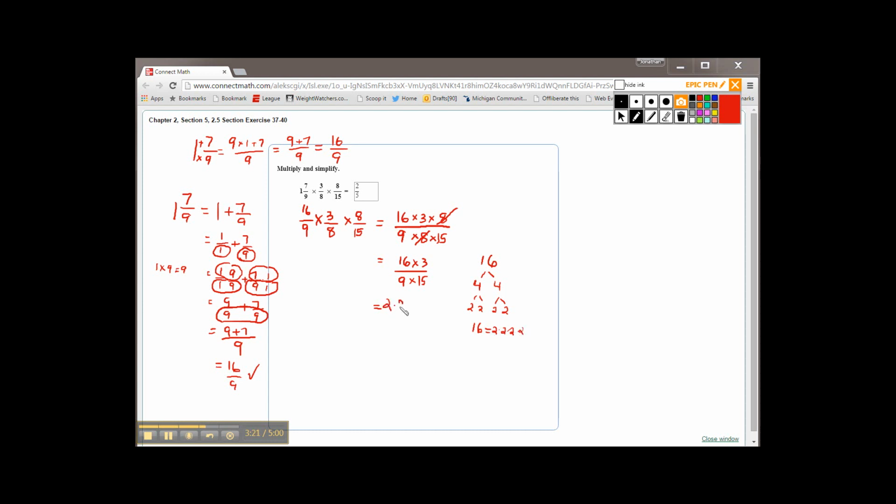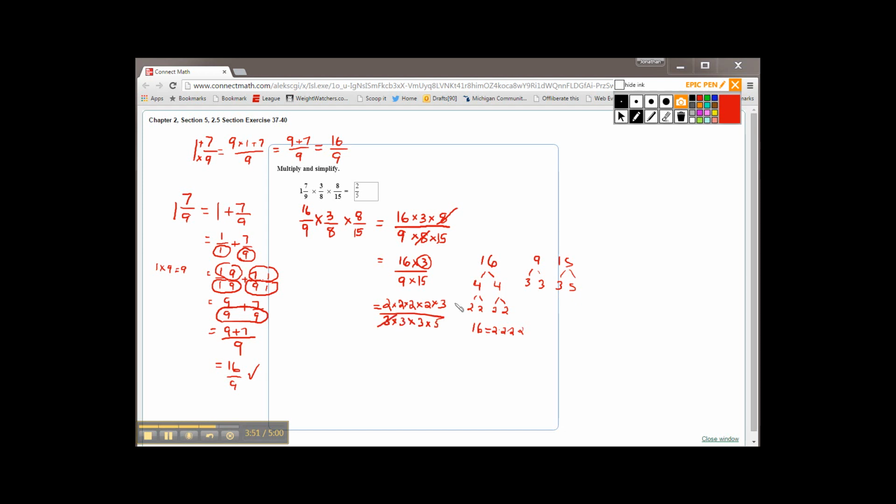This 3 right here cannot be broken down any further, so times 3. And I could use the dot for multiplication or the x, so actually I'll go back to the x to make it the same. And then this 9 right here is 3 times 3. And then the 15 right there is 3 times 5.